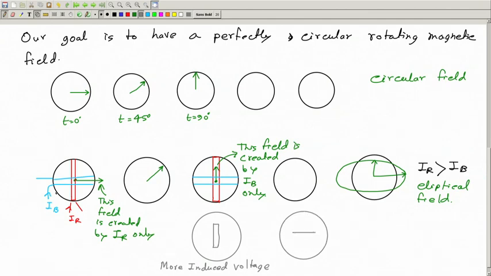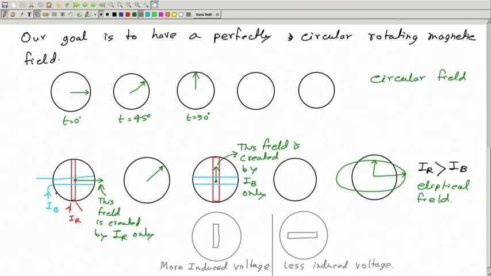If we have the coil here, then we will have less induced voltage. Why? So you can see that for this position, the induced EMF in this coil is actually created only by this red coil.